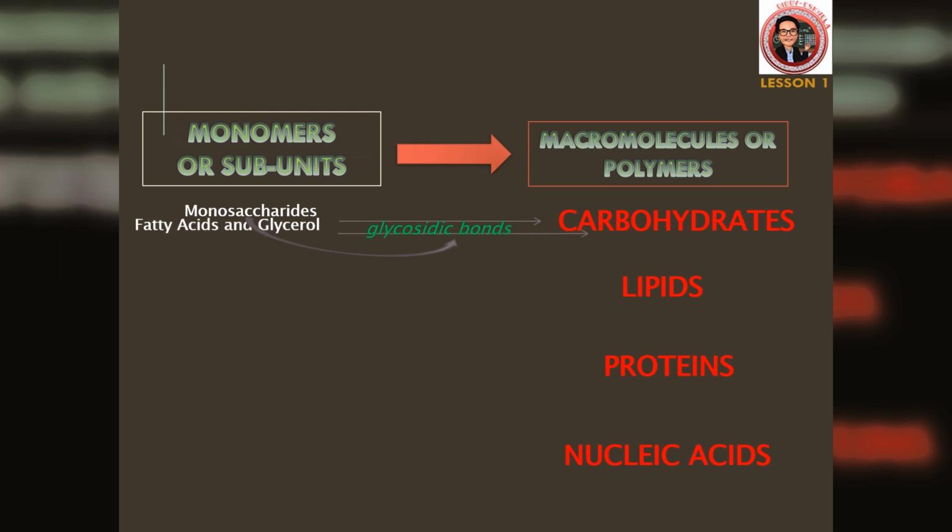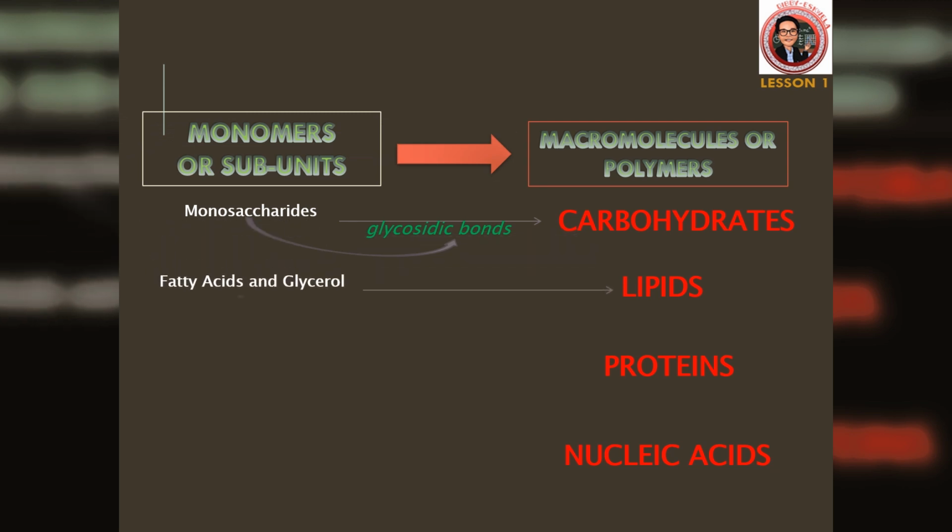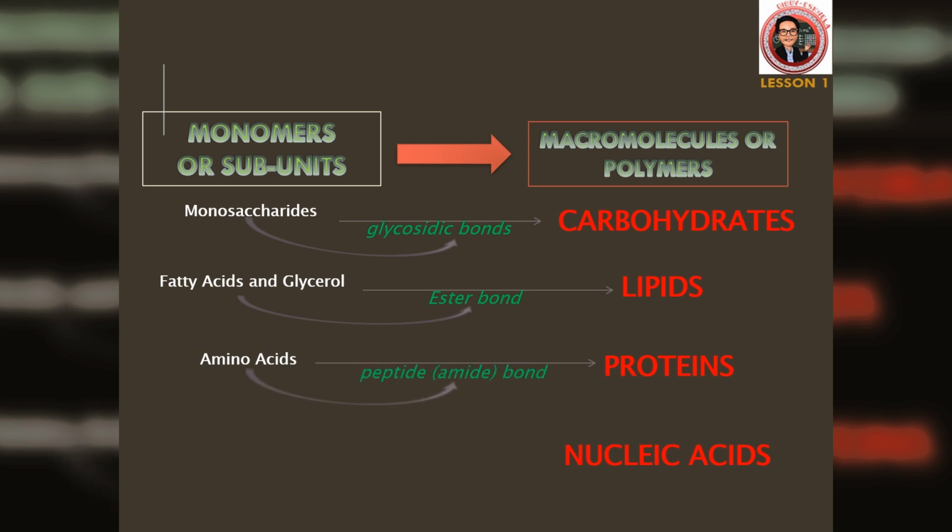For lipids, we have two subunits, fatty acids and glycerol, and they were bonded through ester linkages or ester bond. And for proteins, the monomers are called amino acids. These amino acids were formed into a protein through peptide or amide bond.